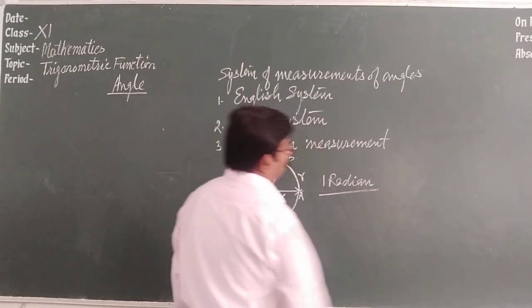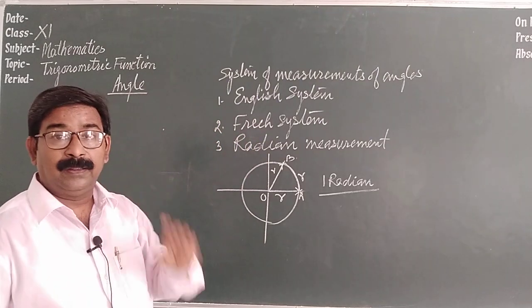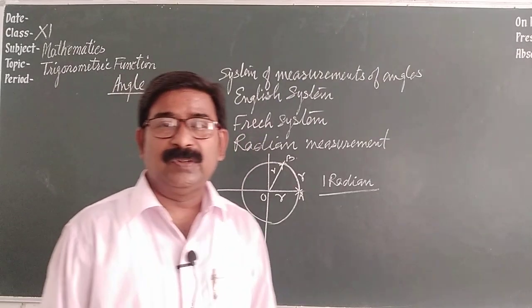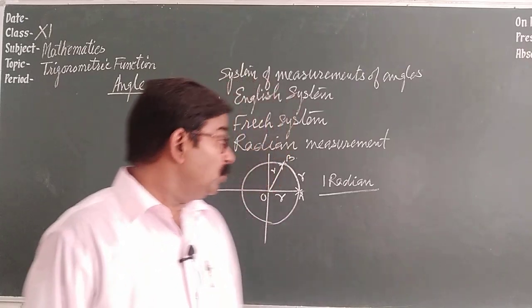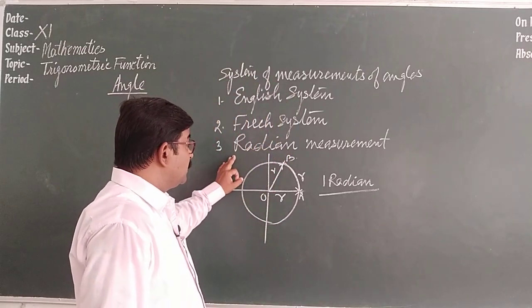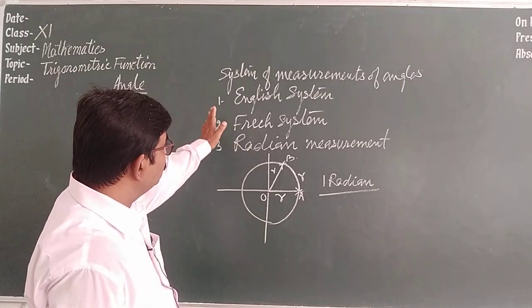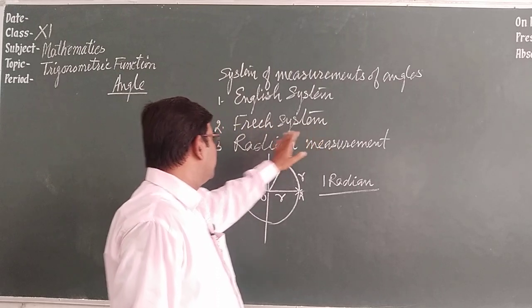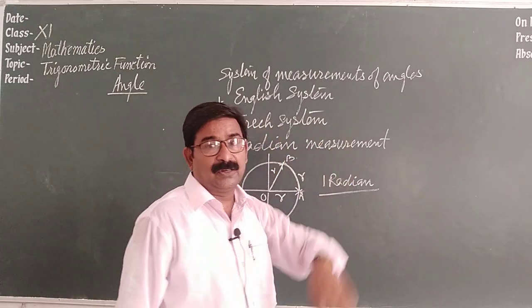Got it? So angle is measured in 3 systems: English system of measurement, French system of measurement, and radian system of measurement.